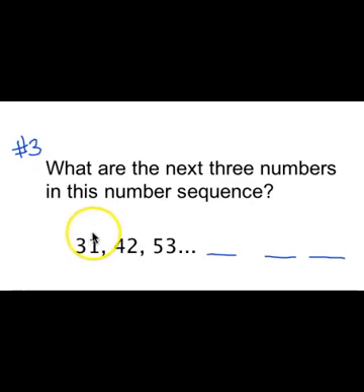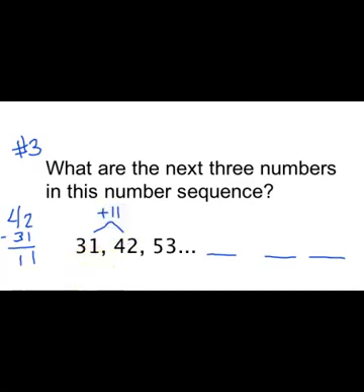All right, well, I can't think of anything that I can multiply 31 by to get 42, but I can add. Let's see. What is the difference between 42 and 31? If I just subtract over here real quick, I will find that it is 11. So 31 plus 11.